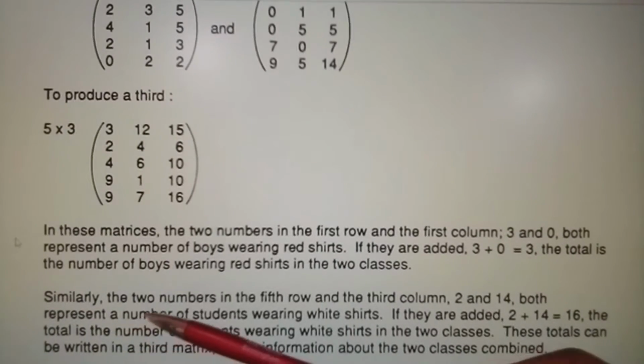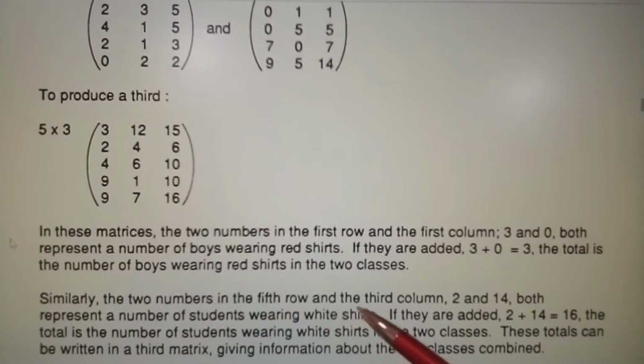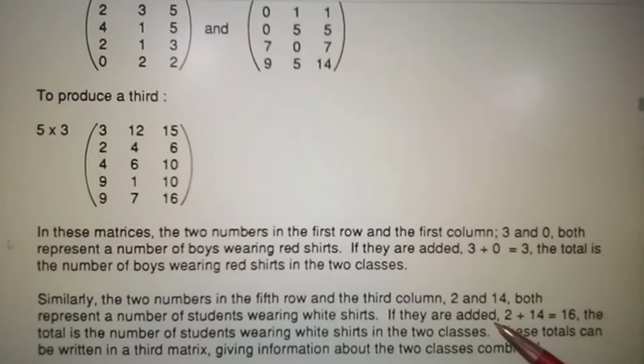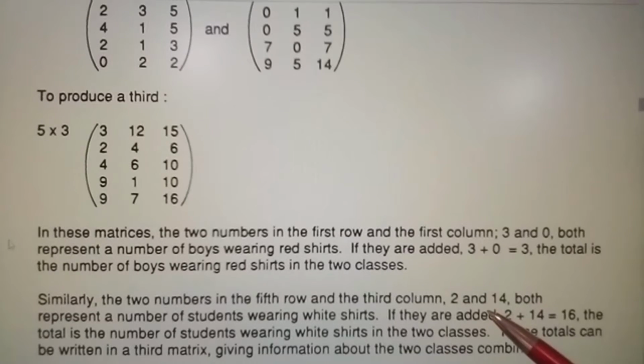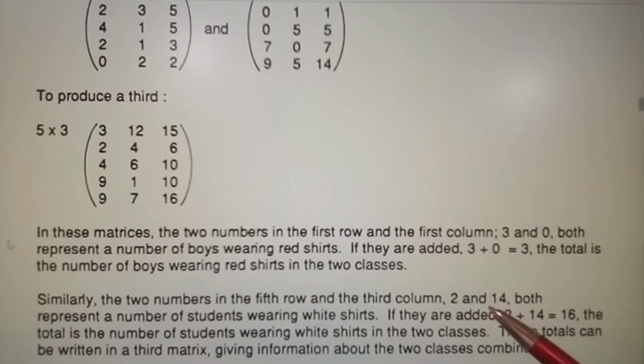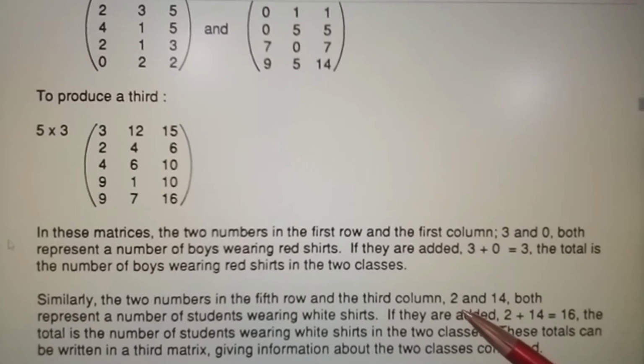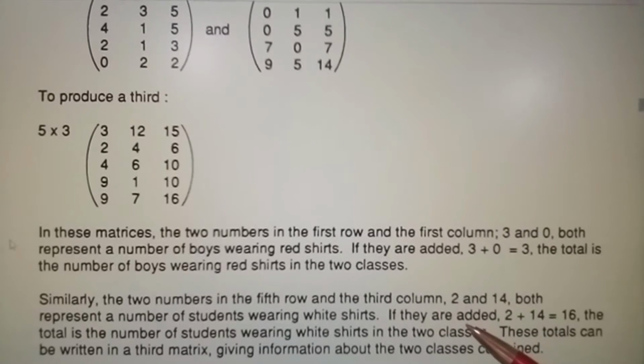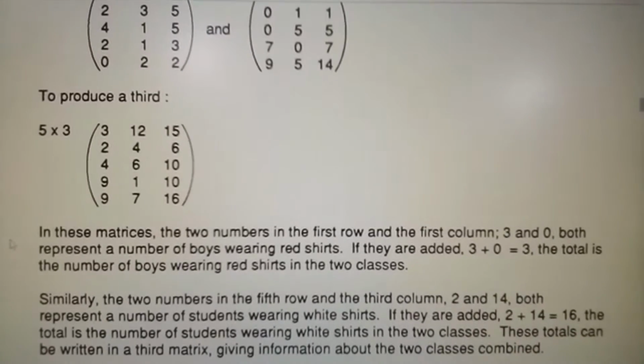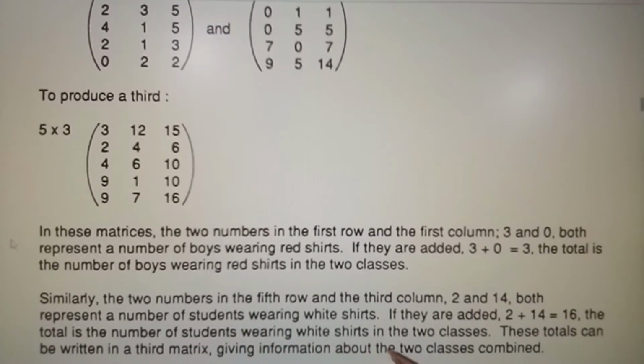Similarly, the 2 numbers in the 5th row and the 3rd column, 2 and 14, both represent a number of students wearing white shirts.